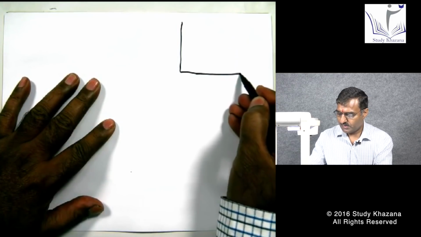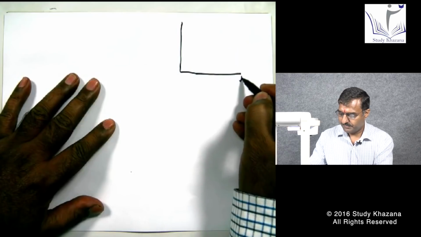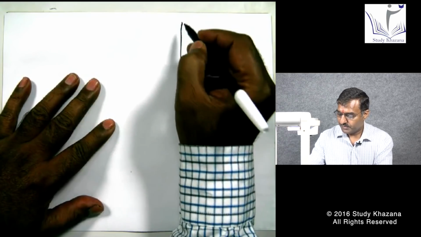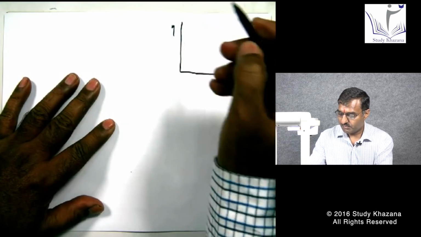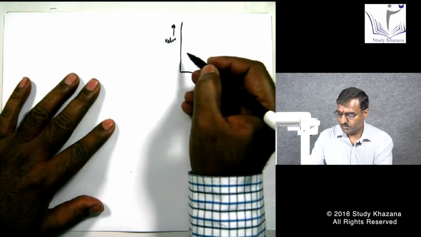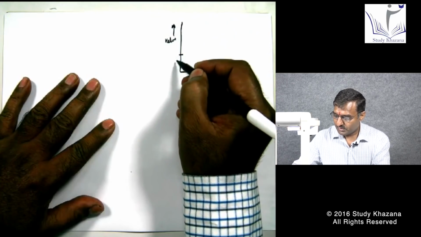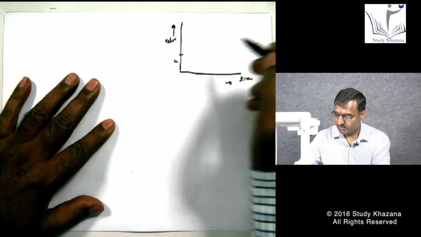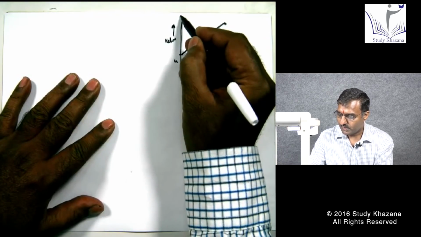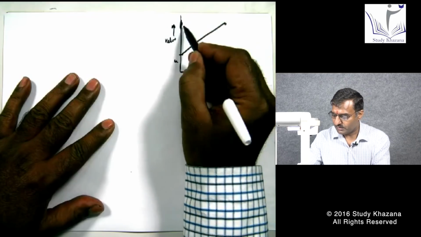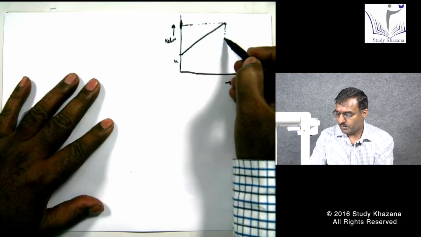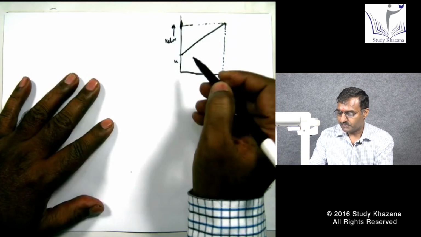Here we are considering time, and here we are considering velocity. So we are considering u as the initial velocity, and the object is moving with it. At this point, say, the final velocity, and then we are drawing a perpendicular like this.